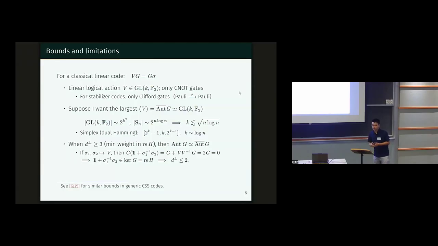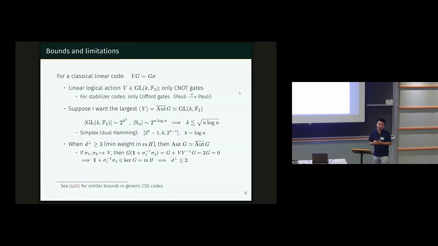The second thing that's useful, which goes back to the earlier question, is when is the logical automorphism group actually equal to the physical automorphism group? It turns out there's a very easy condition to check: when the dual distance is greater than or equal to 3.